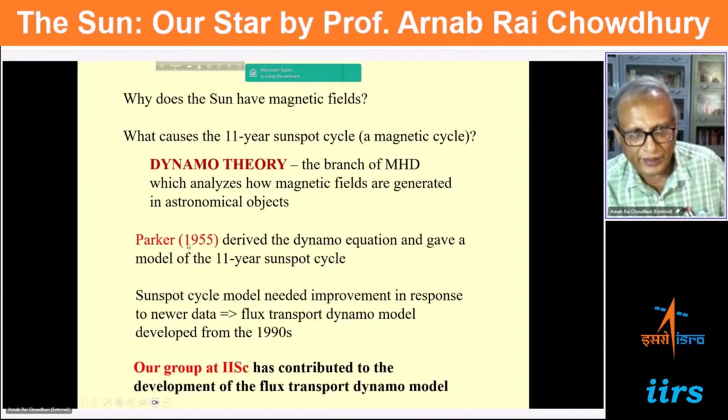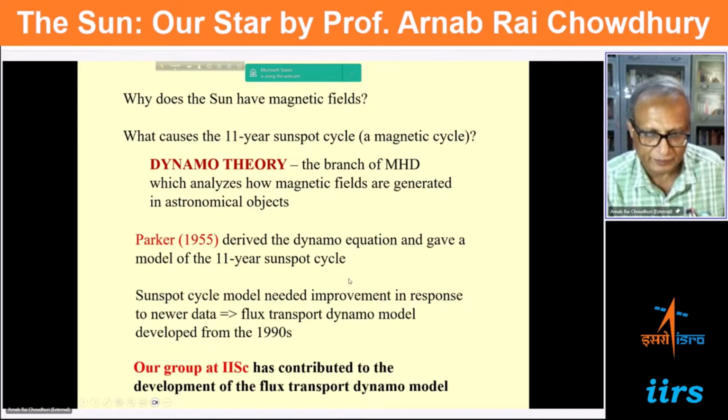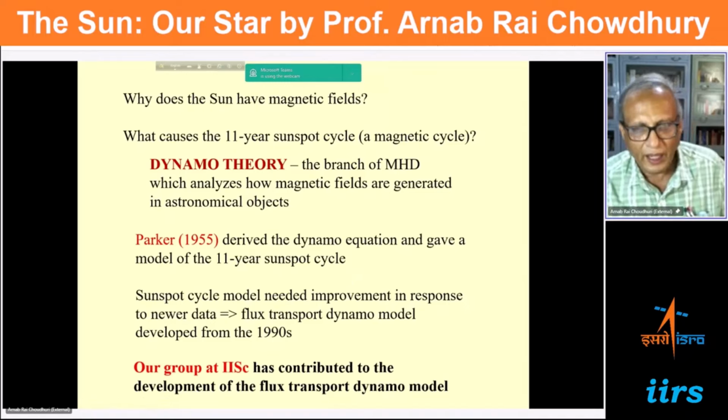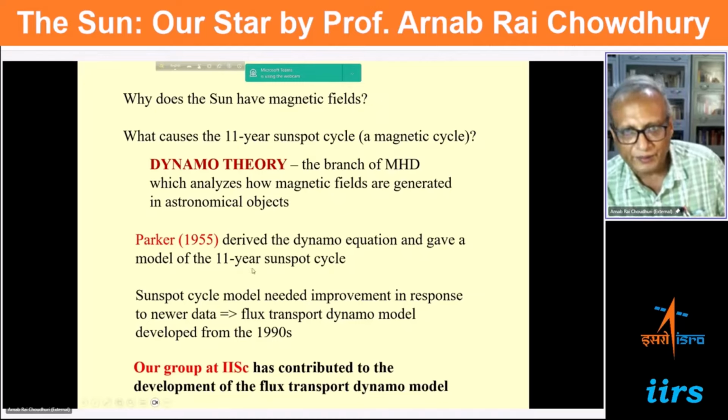In 1955, Parker derived the dynamo equation, the basic equation of this subject, and also gave a model of the 11-year sunspot cycle. Even now, when we try to understand how magnetic field is generated in an astronomical object, we start with the basic ideas which Parker gave in this paper.